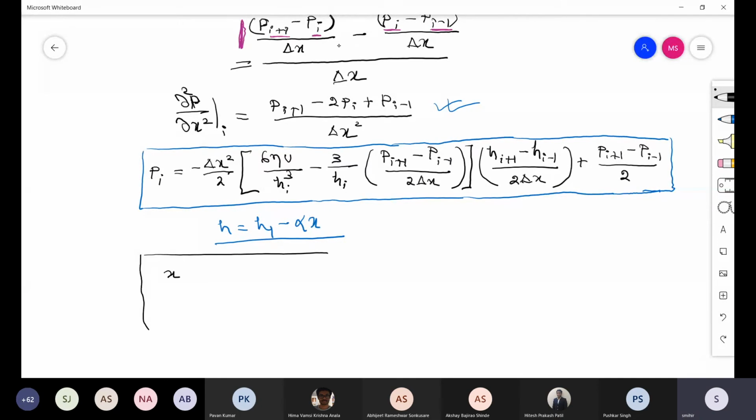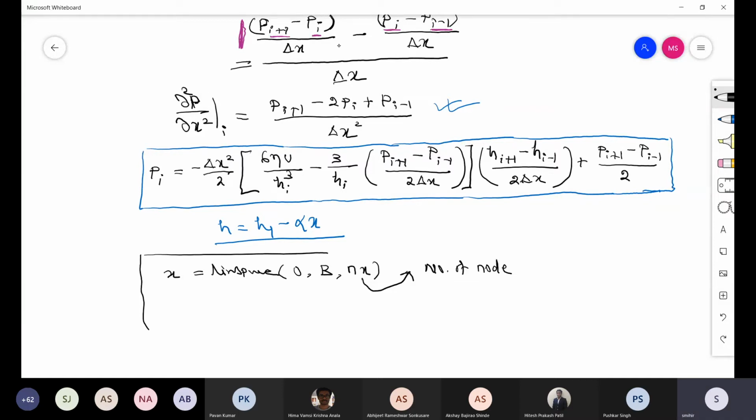So x varies from 0 to b. In MATLAB specifically you can use linspace to create the grid, and nx is the number of nodes into which you want to divide the width of the bearing.